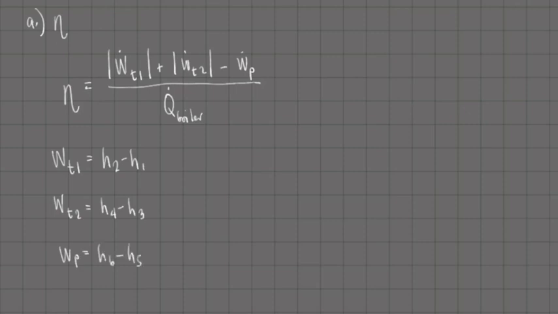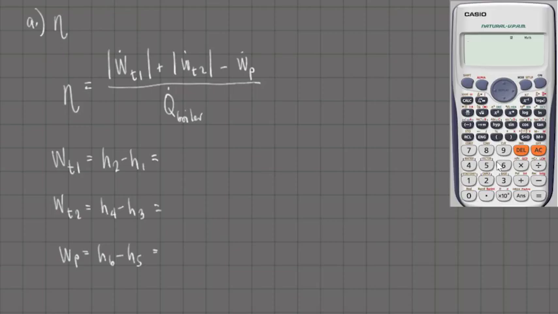Let's compute all of this first. The work of the first stage of the turbine, that is H2 minus H1, or we can have it as H1 minus H2 for it to have the absolute value, that is 3349.02 minus 2739.75, 609.27 kilojoules per kilogram.